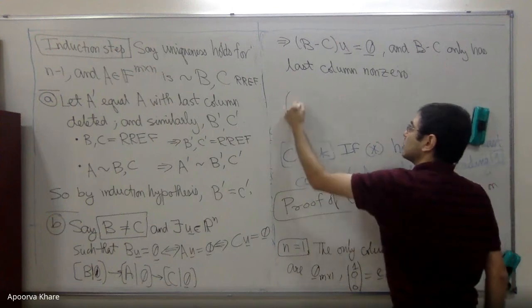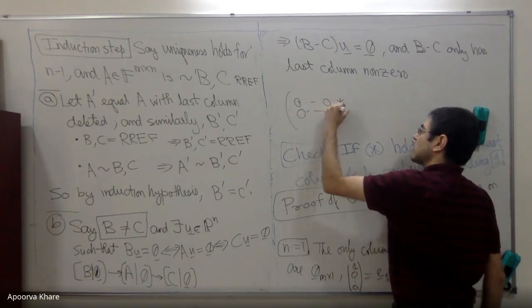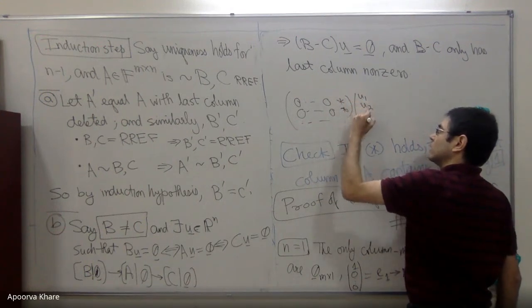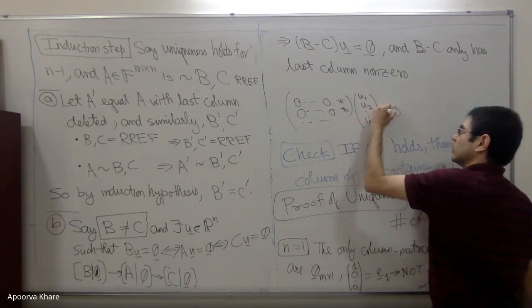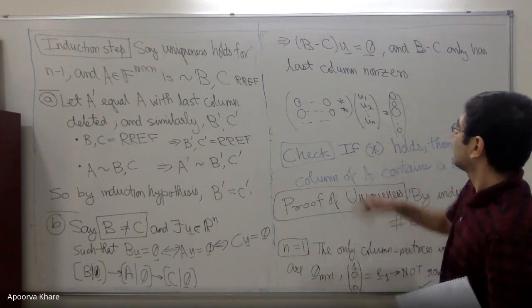So you have something like 0, 0, 0, and then something star, 0, 0, 0, 0, star, like this. And then we have U1, U2, UN, and this is equal to 0. 0, 0, 0, star.